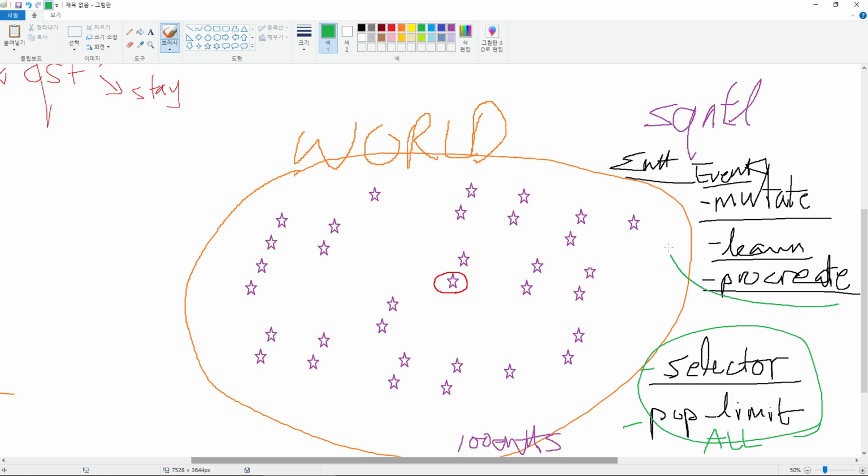However, for these three entity events, there has to be some degree of randomness, or it has to be absolutely random for every entity.